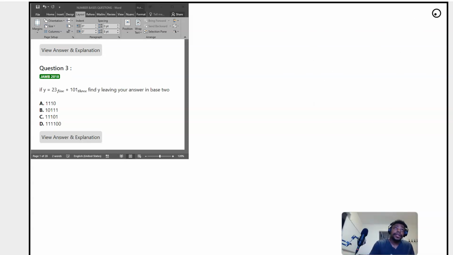Now question 3. We have y is equal to 23 base 5 plus 101 base 3. They want us to leave our answer in base 2. Okay? So now I'm going to do the same thing here. Remember, you are adding two numbers with different bases.